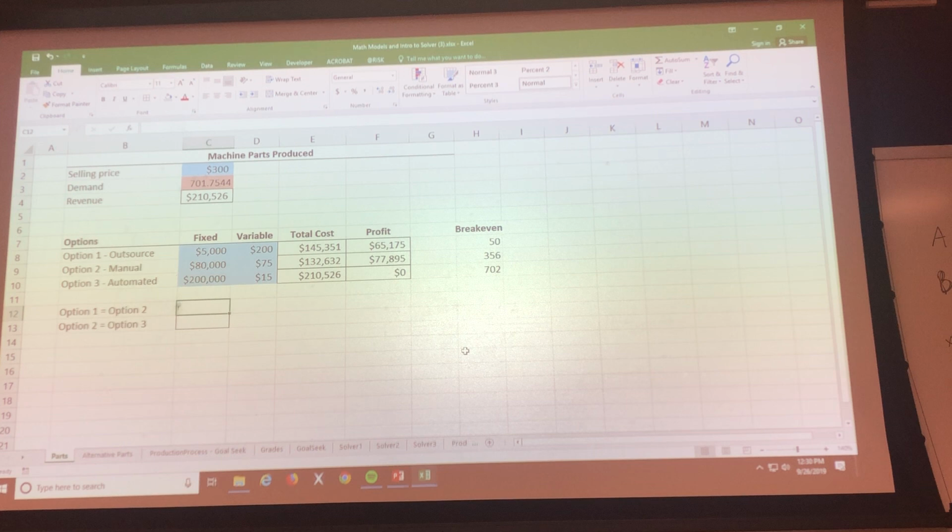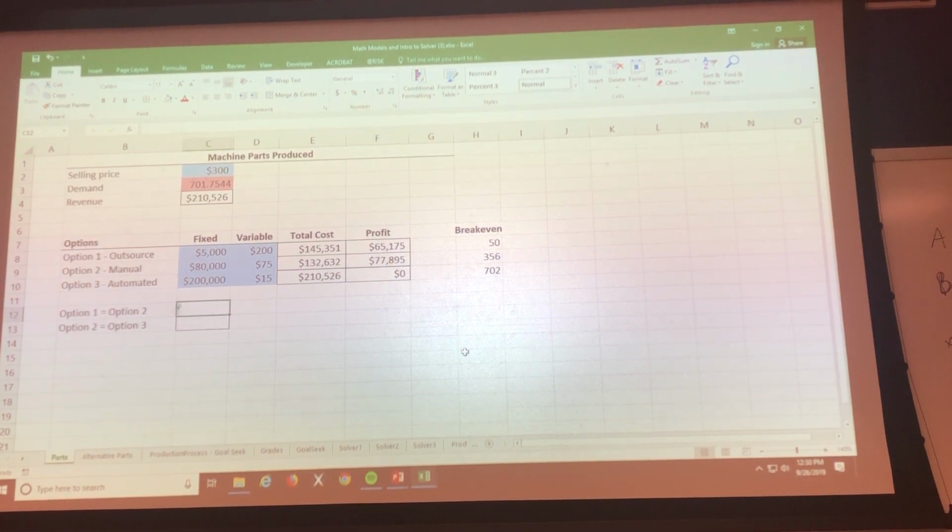Okay, that would make them equal to each other. What kind of comparison could you put, just a mathematical formula, no function, and that cell can then be used in a goal seek, where basically it can tell you what demand makes those two things equal to each other. Any thoughts?